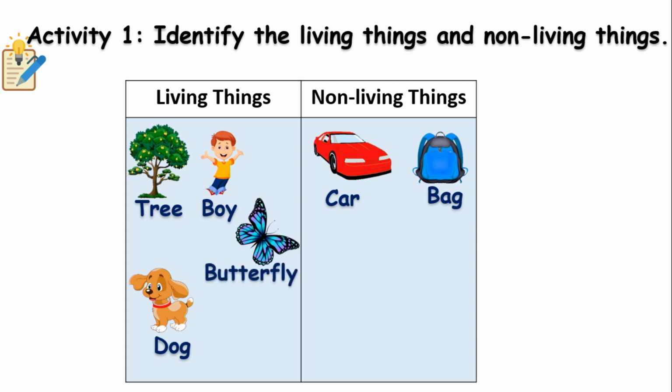Hence, it is a living thing. Do you think the rose is a living thing? Yes, it is like the tree. It will stop growing if it does not get water. Hence, the rose is a living thing.